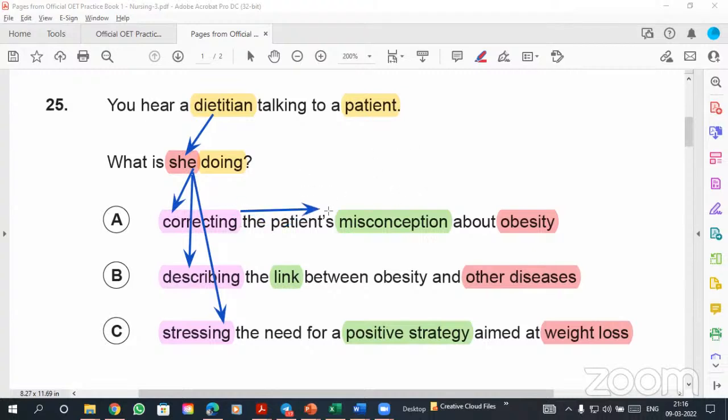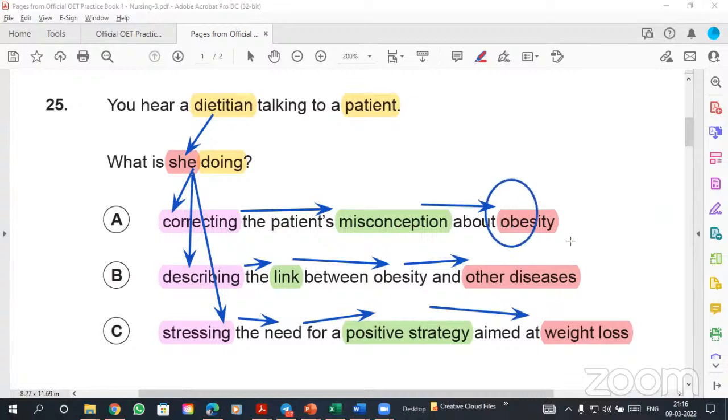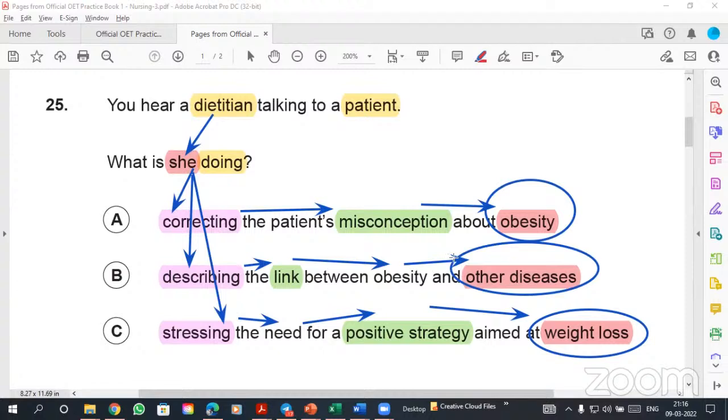Correcting a mistake, or describing the link, or stressing the need. Okay, misconception regarding what? Regarding obesity. Link between obesity and other diseases. A need for positive strategy for what? For weight loss. So ultimately, if you see very clearly, the most important ending is only obesity or other diseases or weight loss. So try to understand this one.